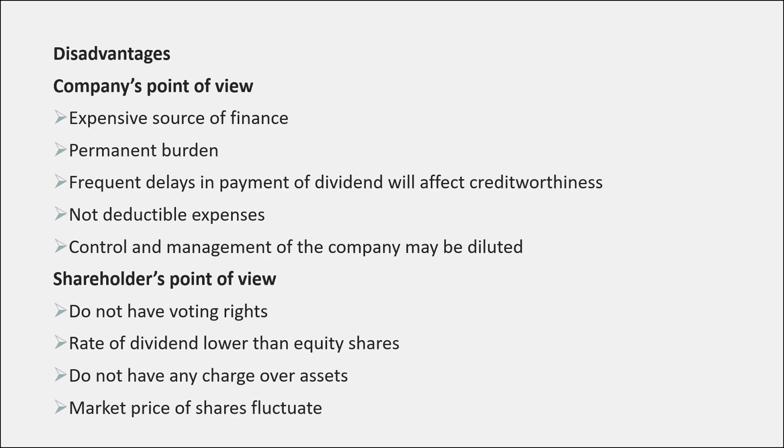And next, the dividend paid by the company to preference shareholders is not deducted as an expense while calculating the tax, but interest can be deducted while calculating the tax.